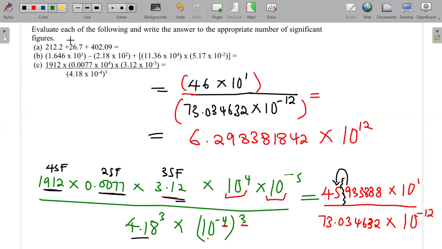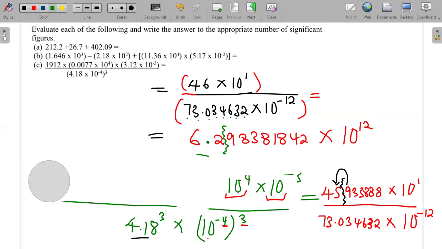Okay, so now we consider the number of significant figures. So this one had 2 significant figures, and then this one here had 1, 2, 3, 4, 5, 6, 7, 8. So we get the number of significant figures for the one that had the least. So it means this number, I want it to have 2 significant figures, right? So I'll round it off from there.